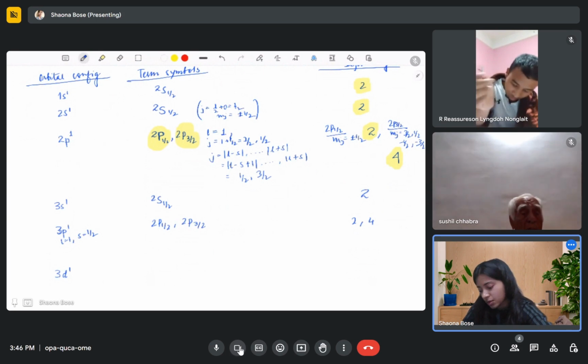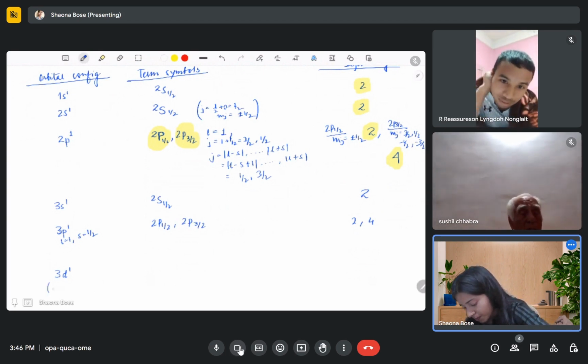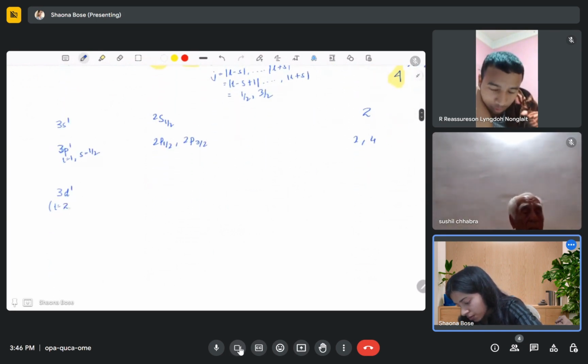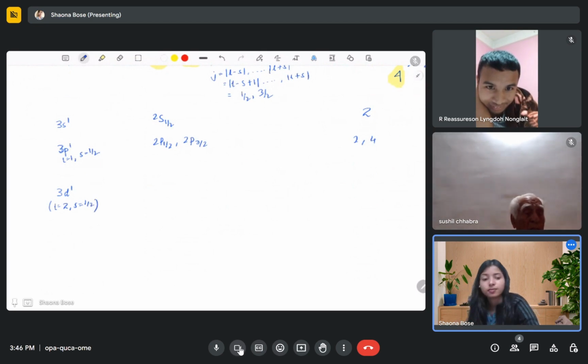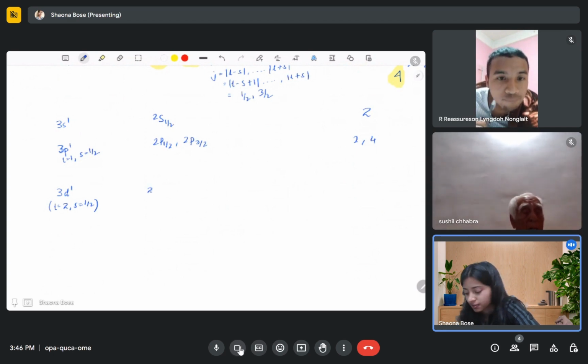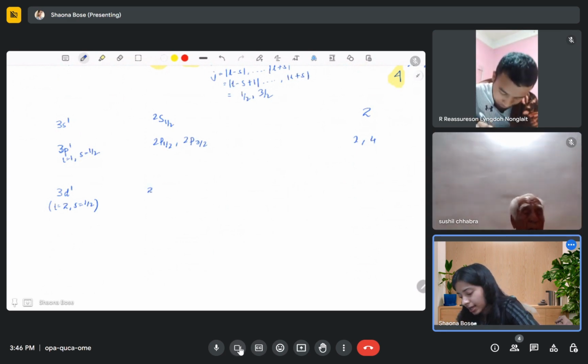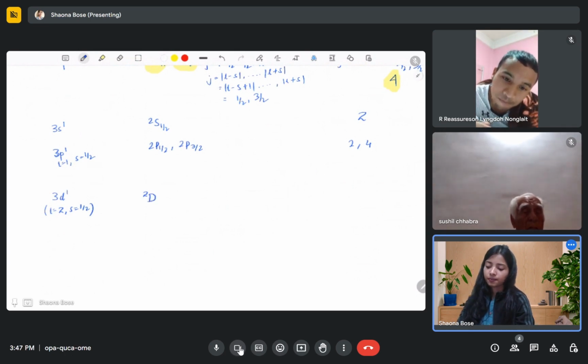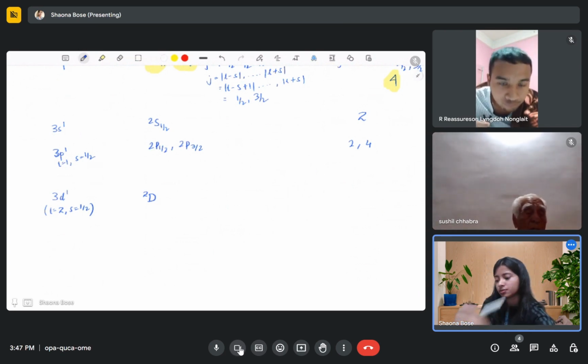Yes, here L is equal to 2. Okay, so again multiplicity will be just 2, because 2S plus 1, and L will be just this. Now what about J? What will that be?